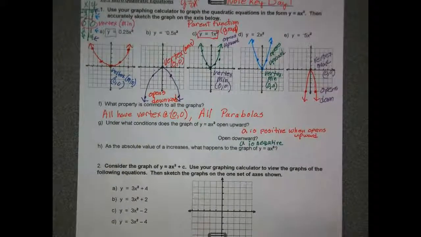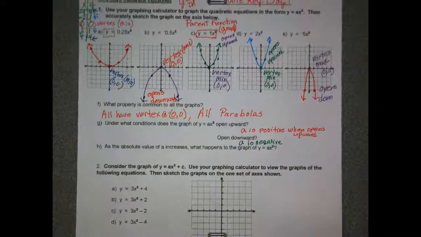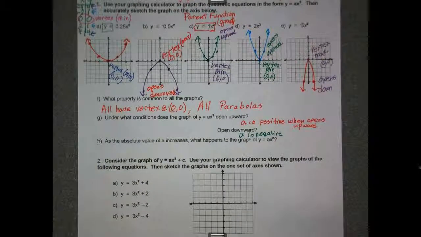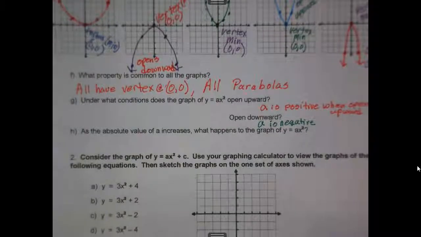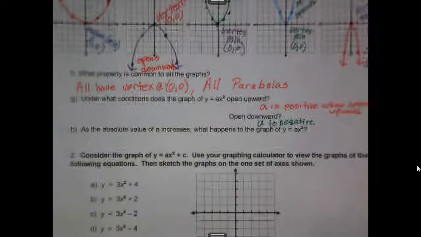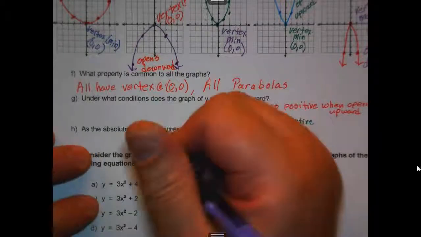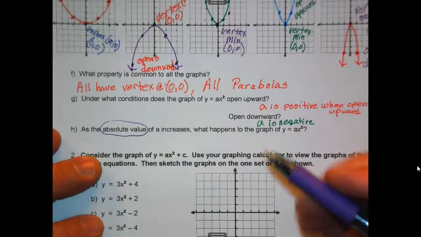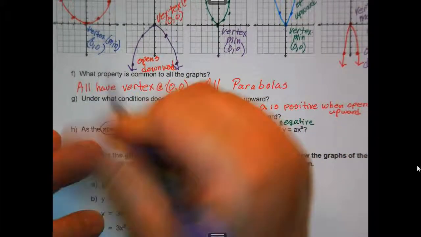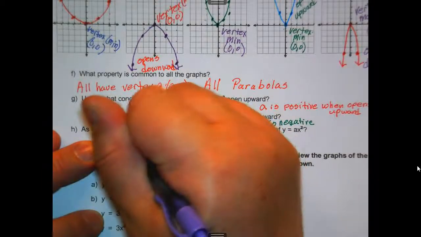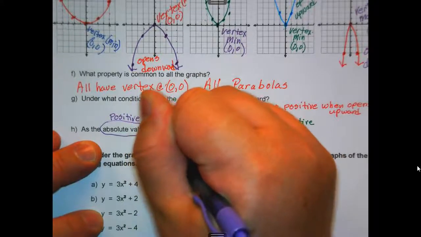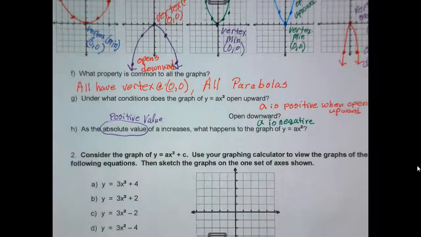Okay, what about H? As the absolute value of A increases. Now, what does absolute value mean? If I have the absolute value of a number, that means it comes out positive, right? So it's the absolute value or the positive value. What do we use a positive value for in mathematics mostly?